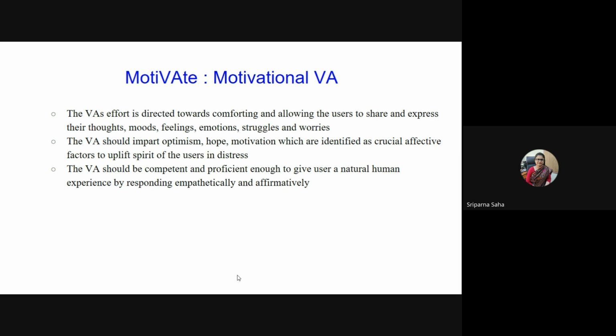The virtual agent should impart optimism, hope, and motivation, which are identified as crucial affective factors to uplift the spirit of the users in distress.